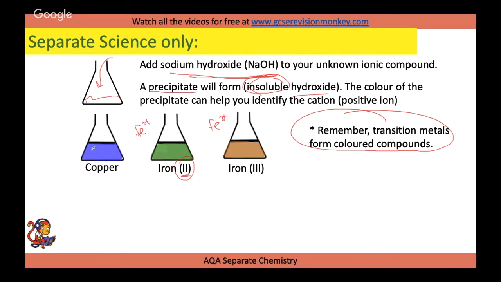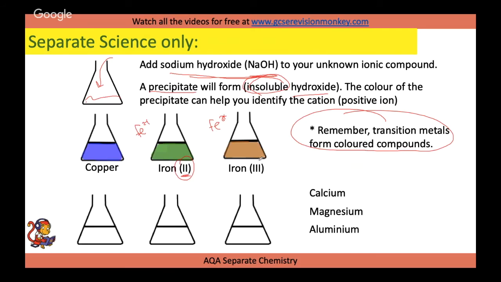You'll recognise copper being blue from things like copper sulfate, so it's just a case of remembering iron 2 for green and iron 3 for brown. Now there's three that all make white precipitates, and they are calcium, magnesium and aluminium, so that's not particularly useful. And if you had a white precipitate, you'd have to do further tests to identify which one it is.